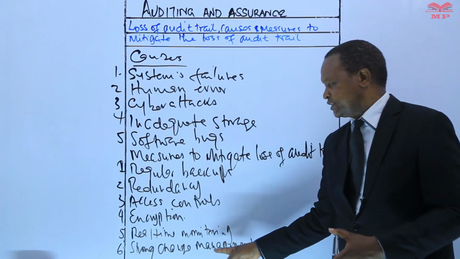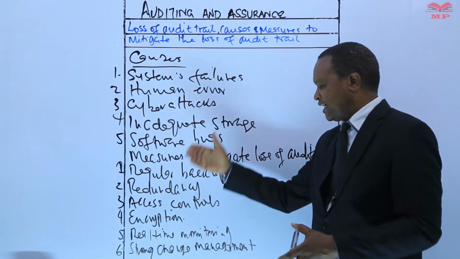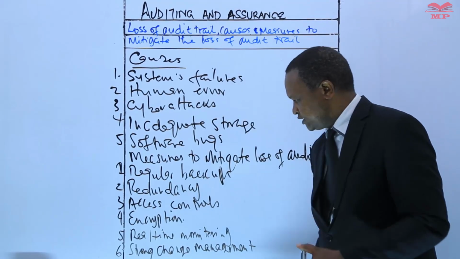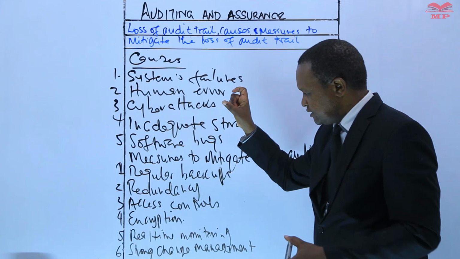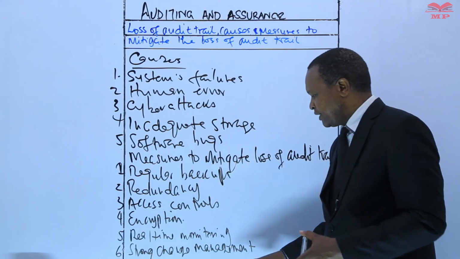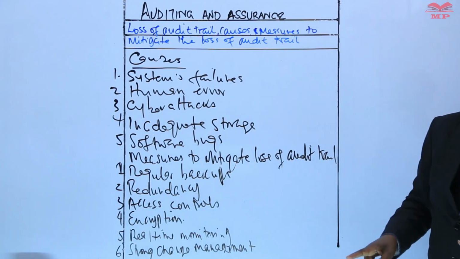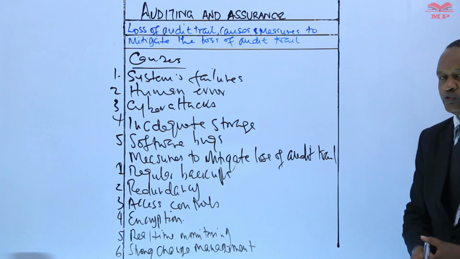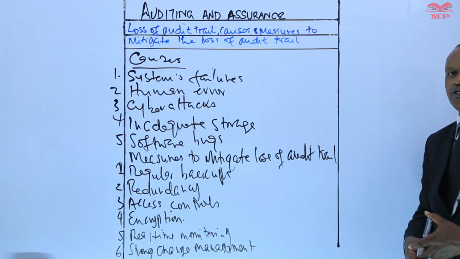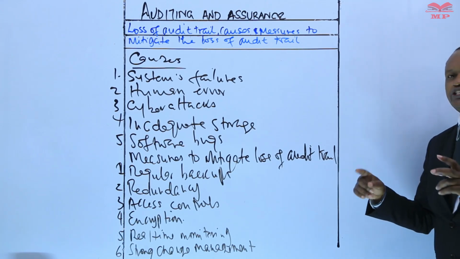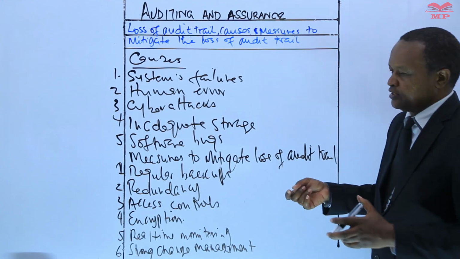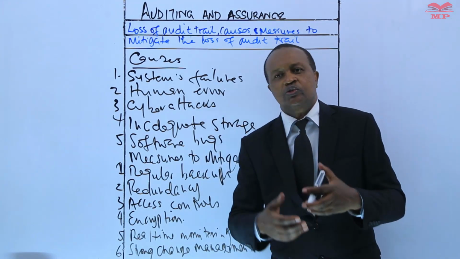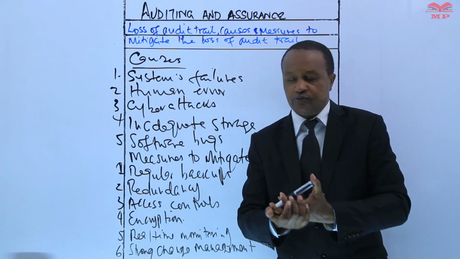Any change to the data, any change to the logs has to be authorized. So the company should implement strong, robust change management processes to ensure that no changes are made without proper authorization.